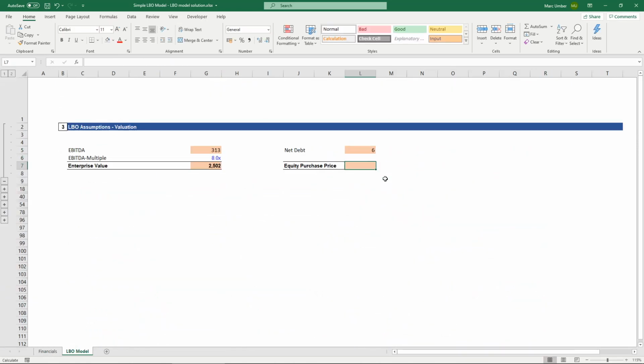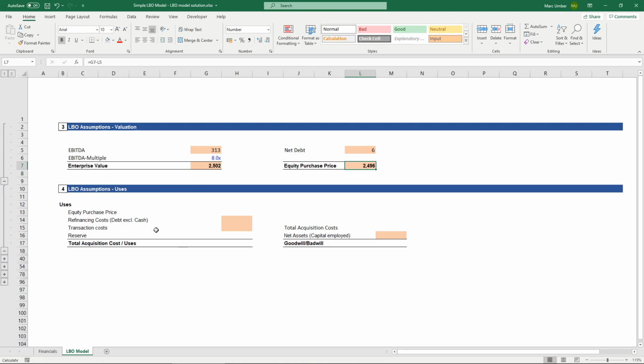This is equal to 6, and we can calculate the enterprise value minus the net debt equals the equity purchase price. Now, we have a couple of further assumptions. We know that the equity purchase price is 2.496 billion.